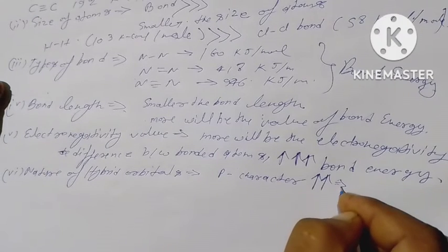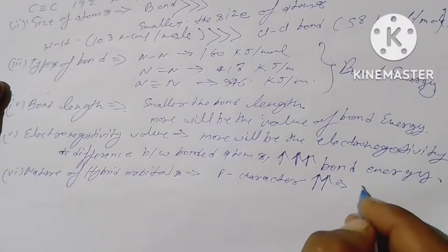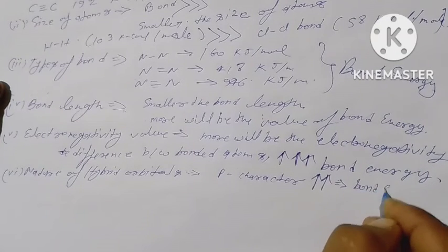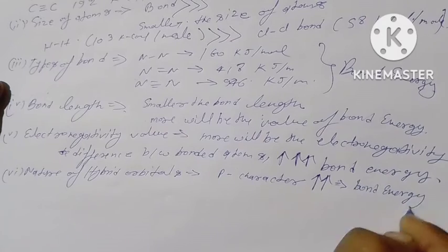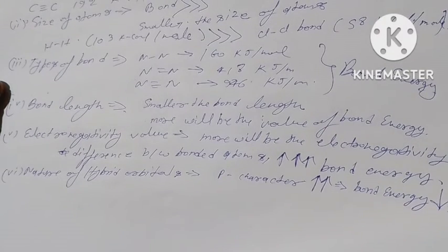If p character increases, then bond energy decreases. Okay.